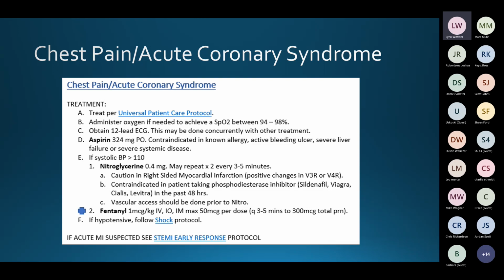If your systolic blood pressure is above 110, nitroglycerin may repeat ×2 every 3 to 5 minutes. I notice the vast tendency around here is to give one dose of nitroglycerin and then go on to something else. That's not the appropriate way to manage chest pain that's thought to be of coronary syndrome origin.